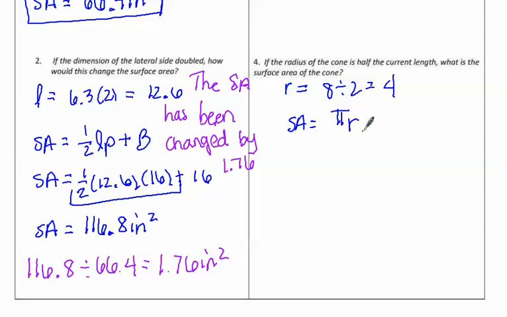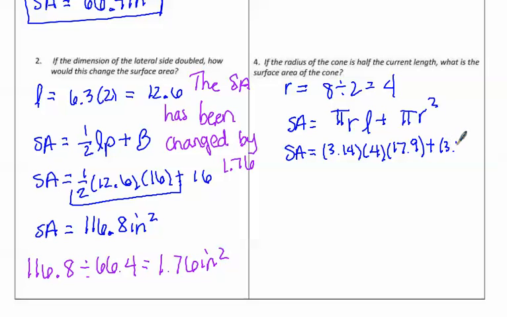Pi times r times the lateral height plus pi r squared. The radius is 4. The lateral height is 17.9 plus 3.14 times the radius, which is 4, squared. Remember, 4 squared is the same thing as 4 times 4.